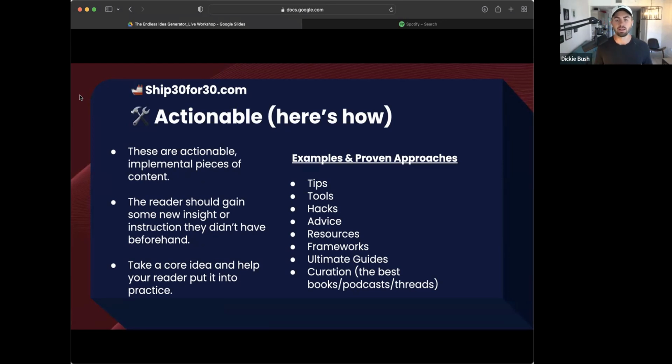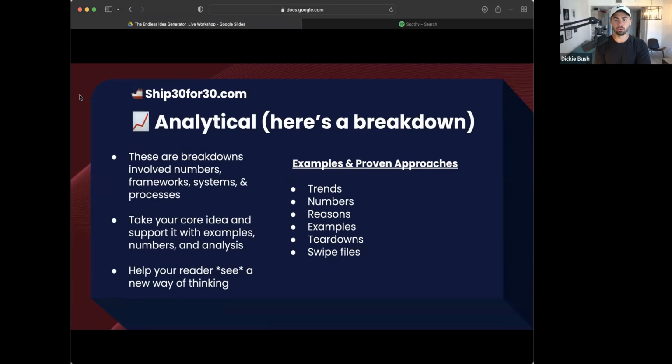Now, next one. The next one is analytical. Cole, you want to break this one down? So analytical is anytime you are analyzing, right, what's working. And typically it's, I'm noticing some data points, I'm noticing some trends, I'm noticing some reasons, like here's reasons why this happens, right? You're looking at something and you're extracting insight. So analytical content, someone actionable might go, here's how to buy your first rental property.